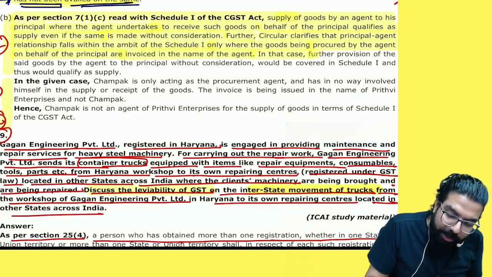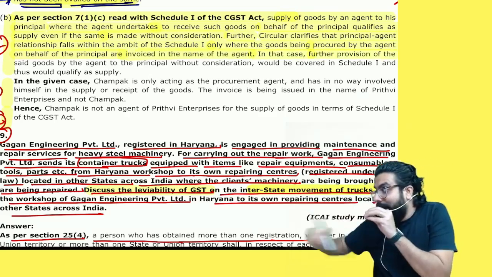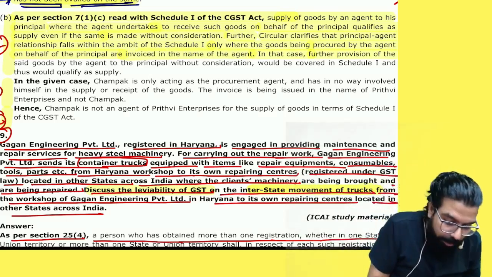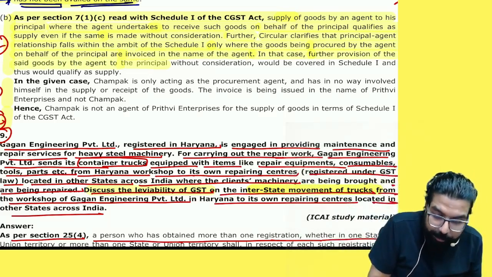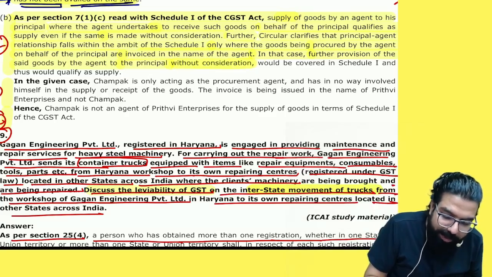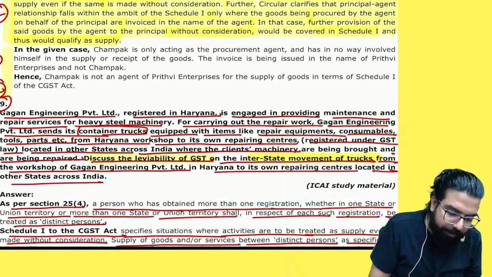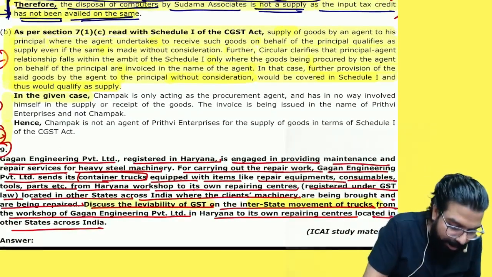In that case, further supply of the goods by the agent to the principal without consideration would be covered under Schedule 1 and would qualify as supply in the given case. People, is this the law first?